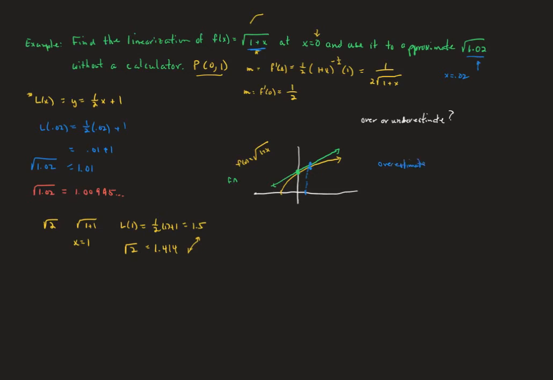So if the function is concave down, the tangent line approximation, that is the linearization, will be an overestimate.